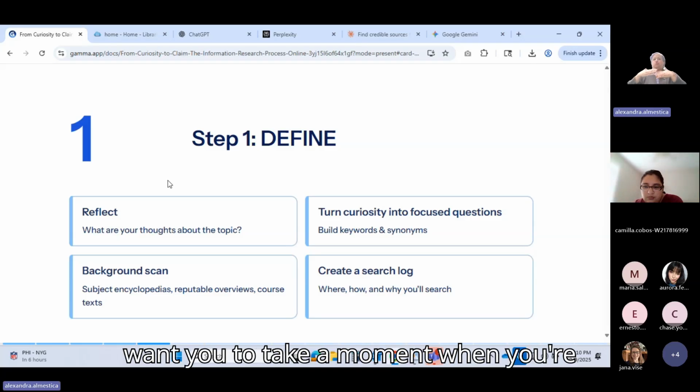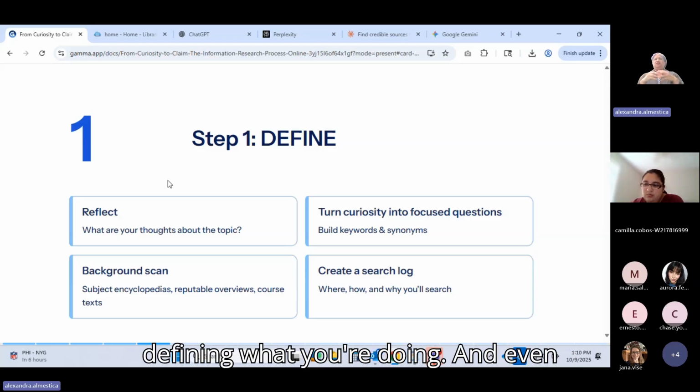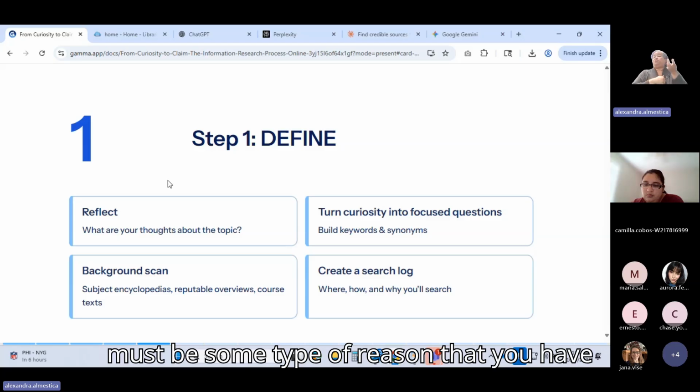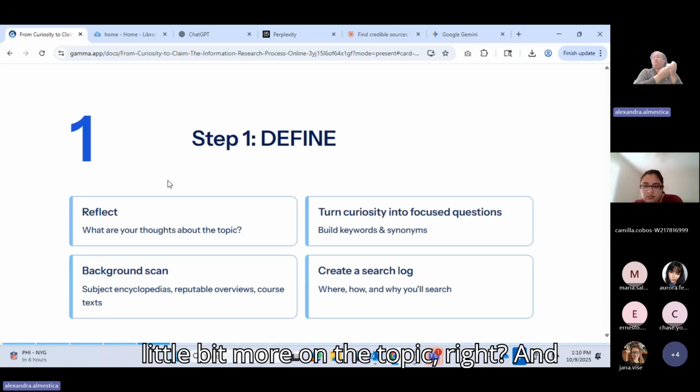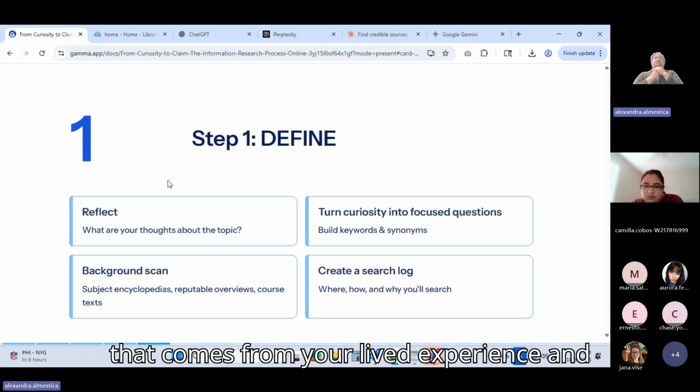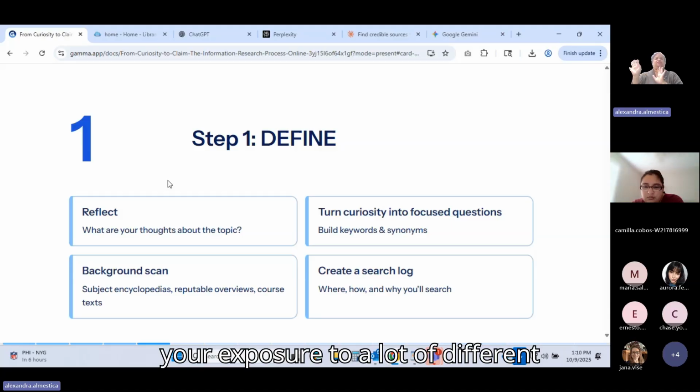So I want you to take a moment when you're defining what you're doing, even before looking for information. There must be some reason that you are inclined to work a little bit more on the topic, right? And that comes from your lived experience and your exposure to a lot of different things.